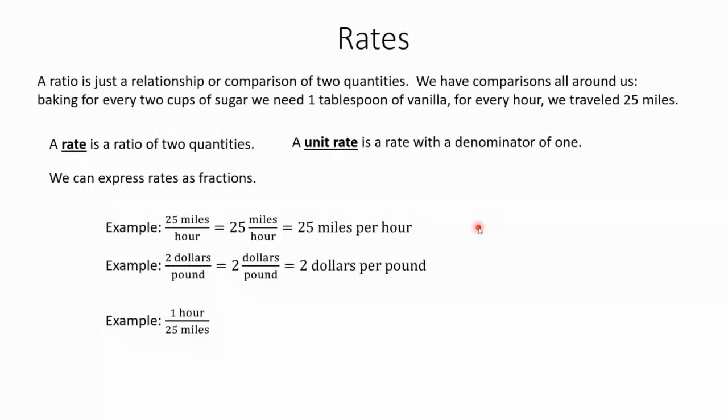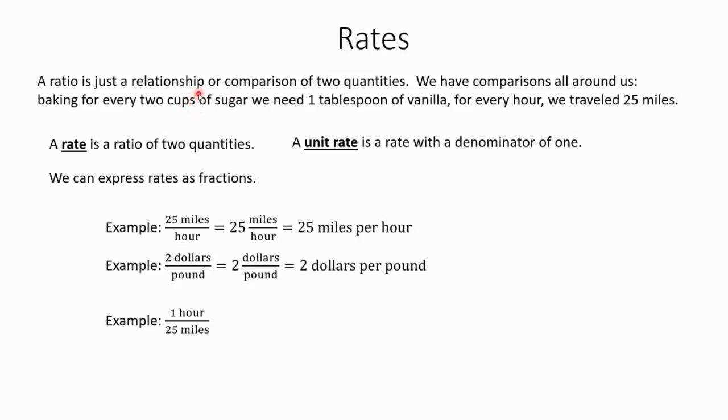So basically here, what we're going to get to is we're going to look at rates. And a rate, as I have here, is really a type of ratio. We actually see this all around us. A ratio is really just a way of comparing two quantities. It's a relationship or a comparison of them. Even when you're driving, right?